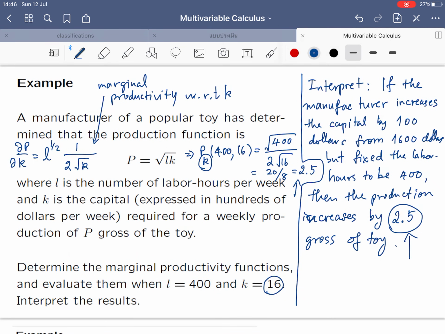Okay, so it depends on your situation, and it depends on your decision which one that you are going to choose. Okay, depends on several factors. But these are the information that you have from a production function and also a marginal productivity.